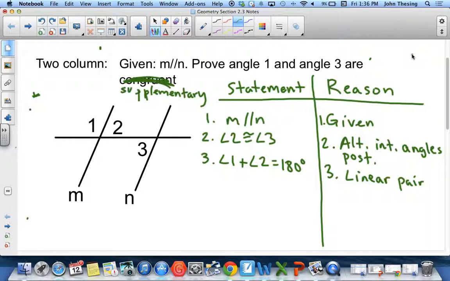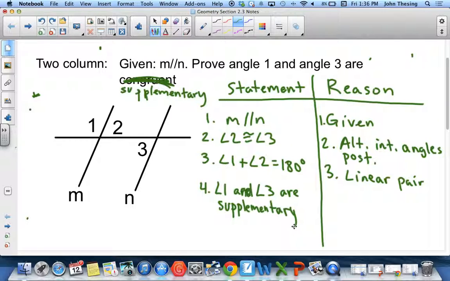So, Vadim, you said that 1 and 3 are supplementary. Okay, so I'm going to say angles 1 and 3 are supplementary. We already wrote that angle 1 plus angle 3 equals 180 degrees, so it feels a little redundant to write that they're supplementary, but this is what you need to do in two-column proofs.